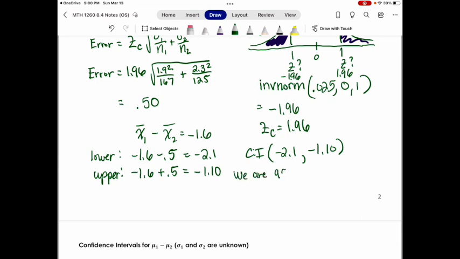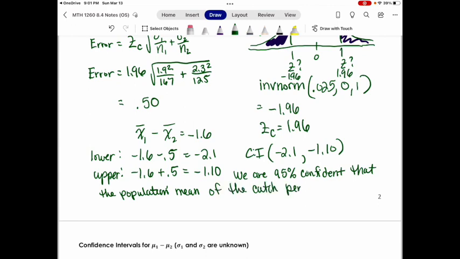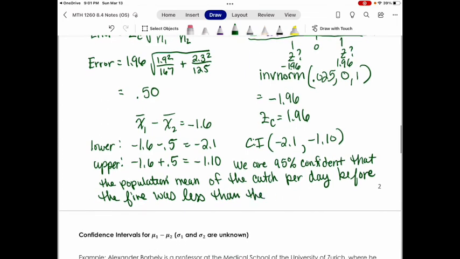I would say we are 95% confident that the population mean of the catch per day before the fire was less than the mean after the fire.